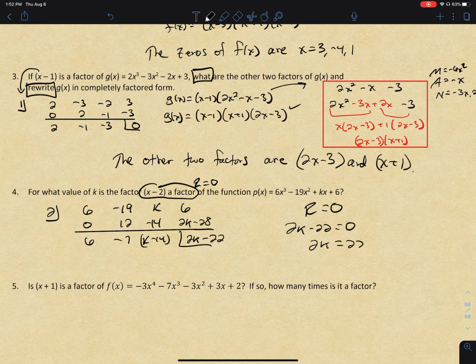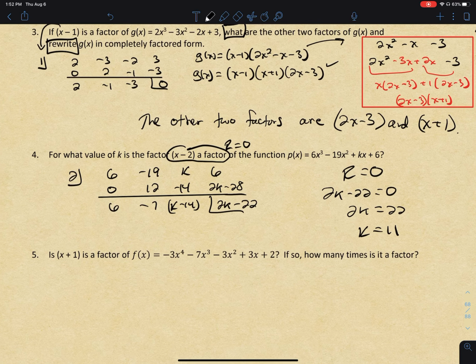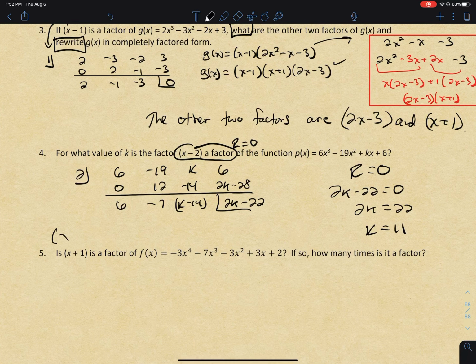So we're going to get that k has to be 11. Answering the question, sentence form, x minus 2 is a factor of p of x when k equals 11.